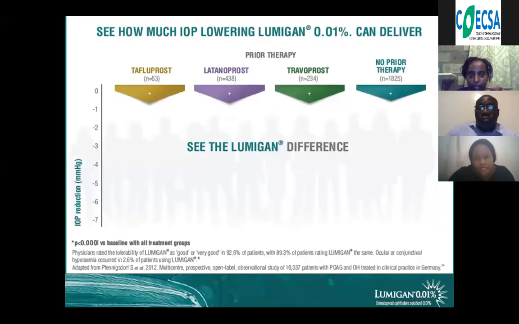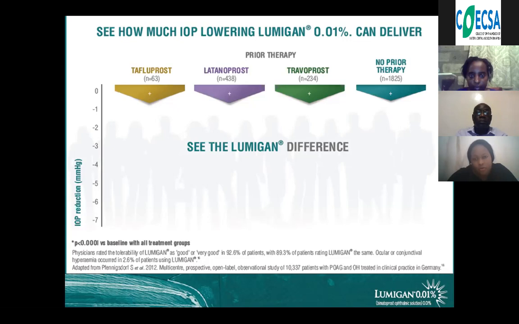Looking at current studies, a lot has been done to compare the efficacy of Lumigan with the other PGAs. These studies involved over 10,000 patients, with uncontrolled patients who were on other PGAs, that is tafluprost, latanoprost, and travoprost, and another group of naive patients.